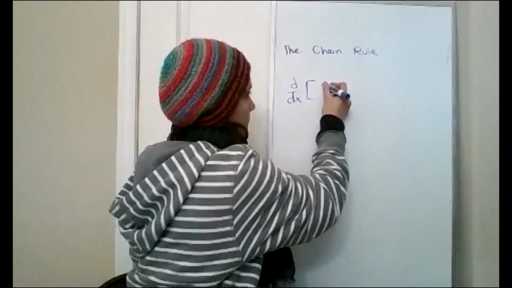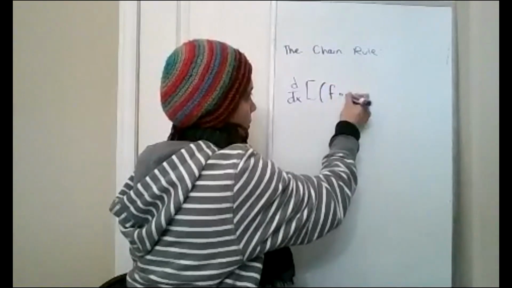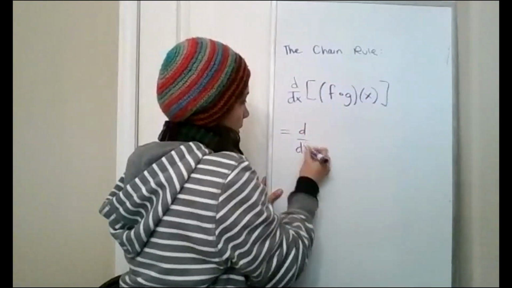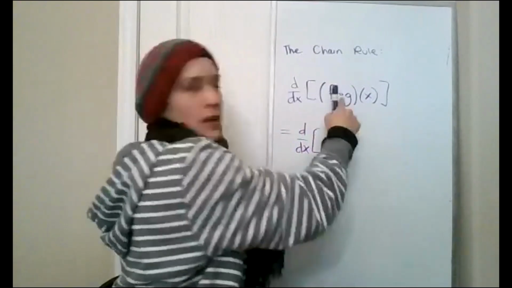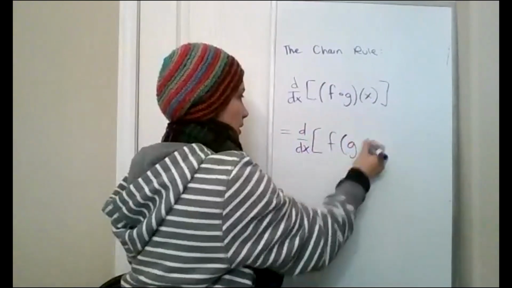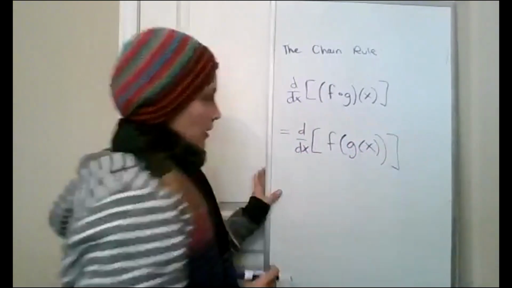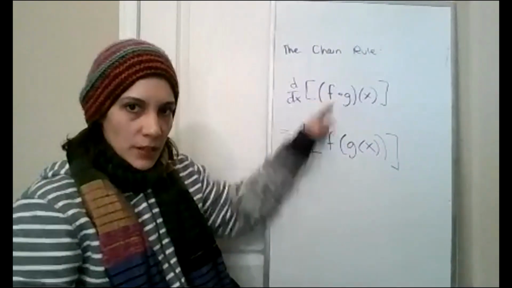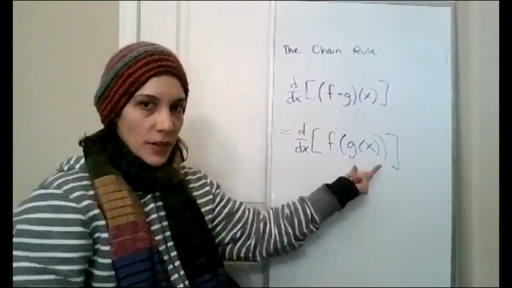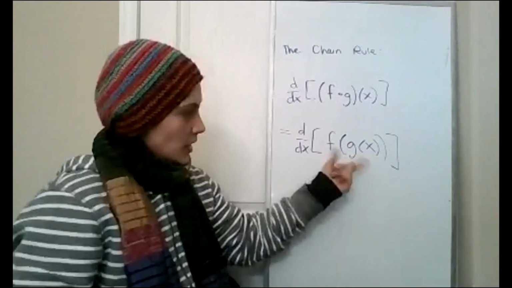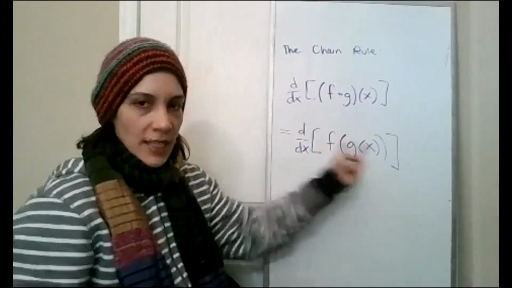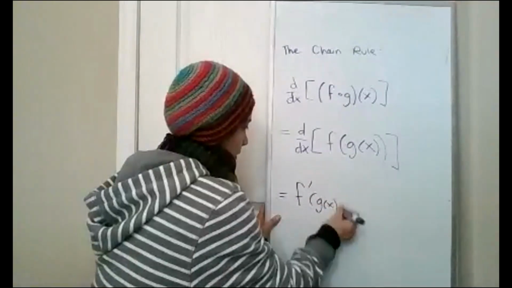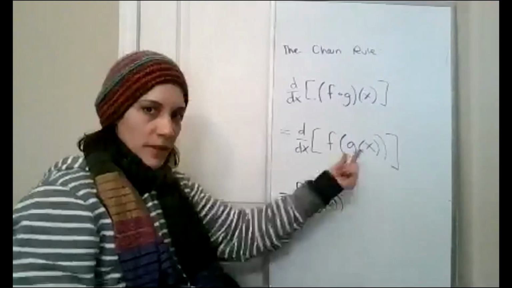Let's write f composed with g of x, which is d dx of f of g of x. Okay, so just saying that this is f of g of x, having your function inside of a function, and you do the derivative of the outer function and then keep that inside function, and then multiply that with the derivative of the inside function.